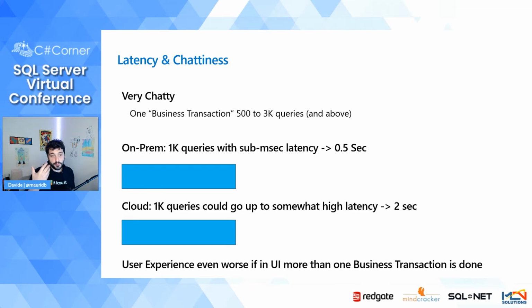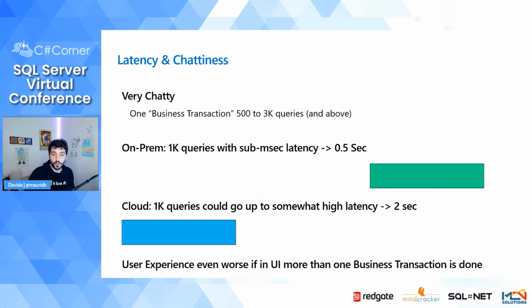So, of course, if you have, let's say, 1,000 queries that you need to run to open up your form or your web page, and you are on premises, the bar that we see on the left, that is blue, will move to the green one very fast. Like, it's fast enough that no one will complain.